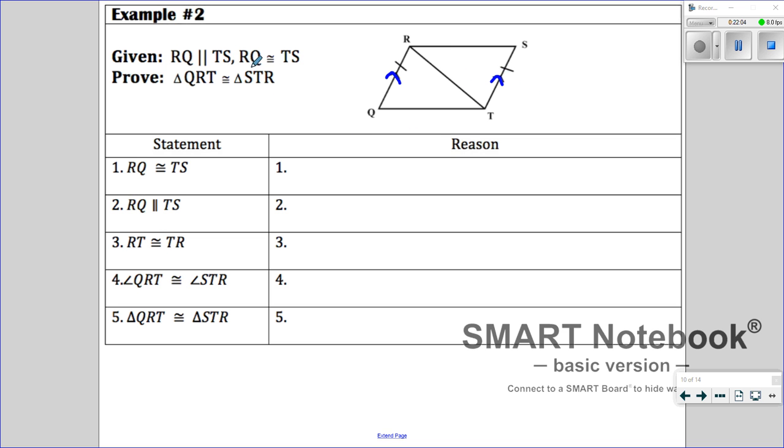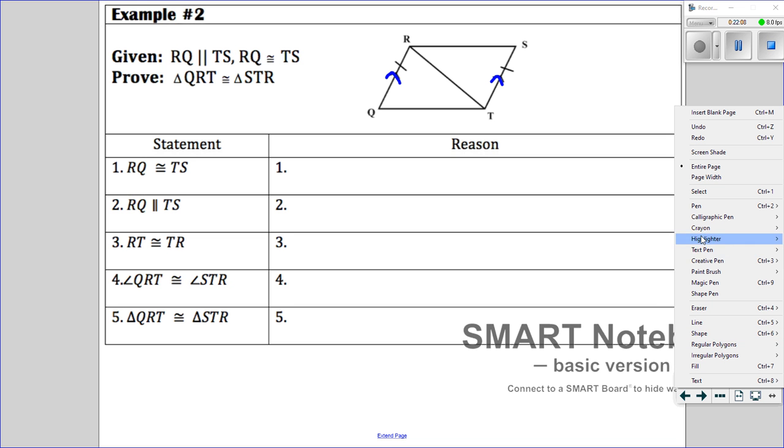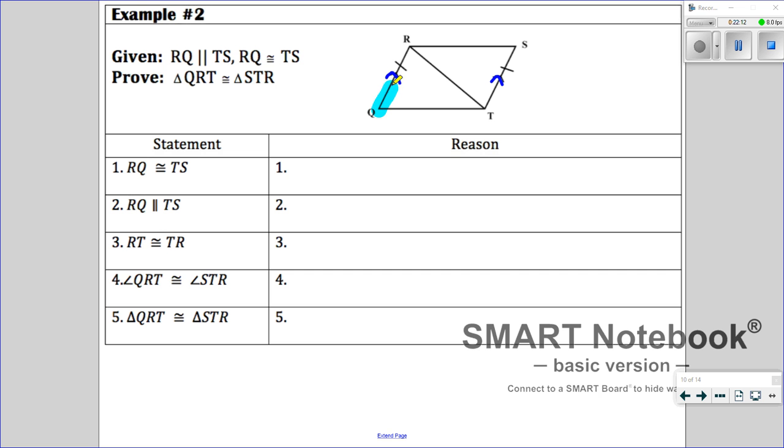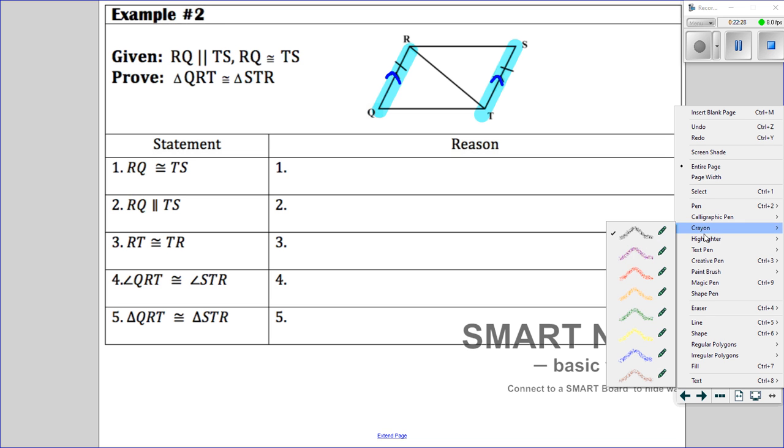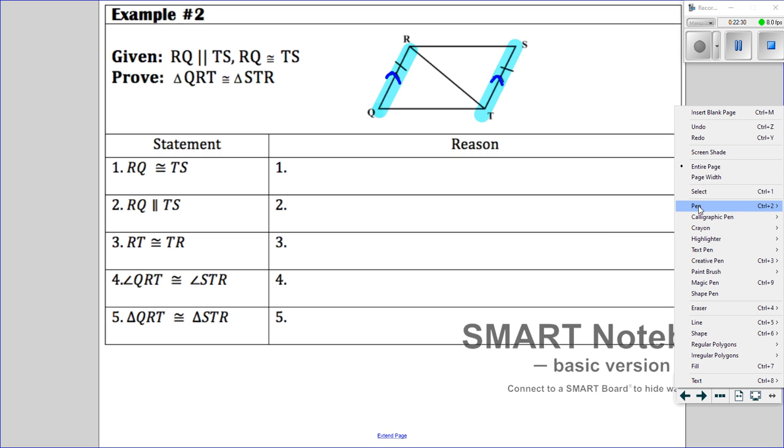All right, and then they said that RQ is congruent to ST. So I'm going to highlight that in blue. So these two are congruent to each other because of the marking. They want us to prove that triangle QRT is congruent to triangle STR. So they already gave us the statements. Now we just have to give the reason why they are congruent.